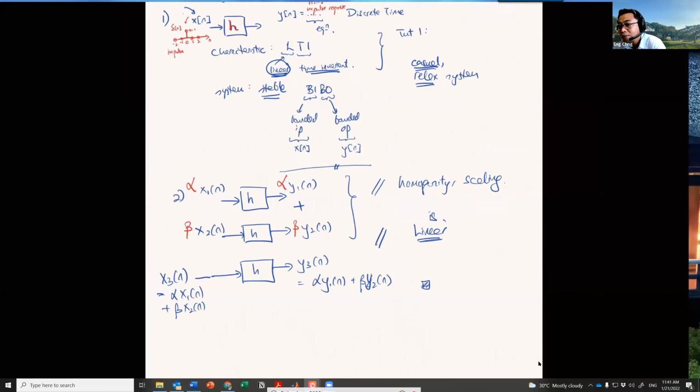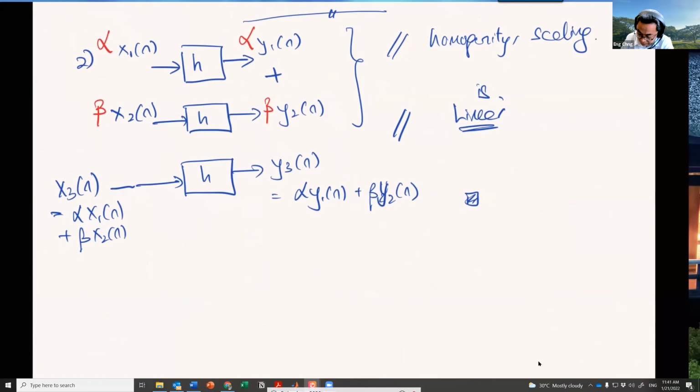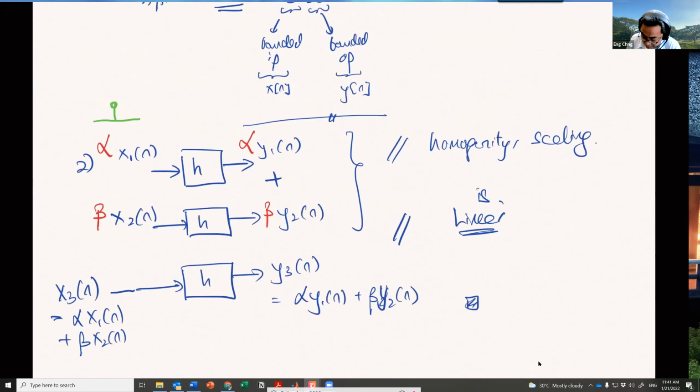Now, why is linearity so important, guys? Let's look at this problem. Let's have a very simple alpha. How about this guy? This is 0 and this is 1.